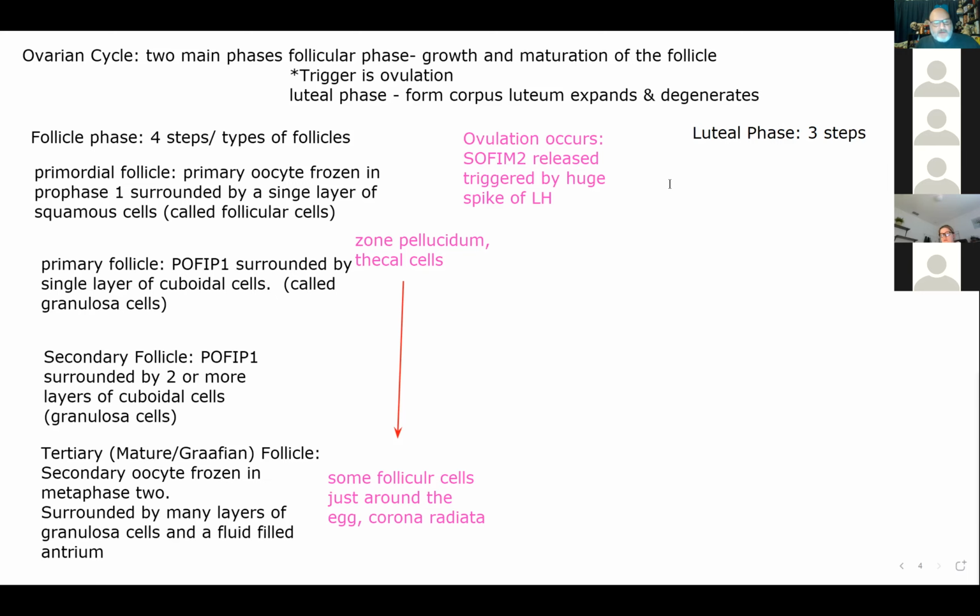Step 1 is when the corpus luteum grows. All right. Then step 2 is when the corpus luteum starts to degenerate, until finally the corpus luteum goes away entirely.